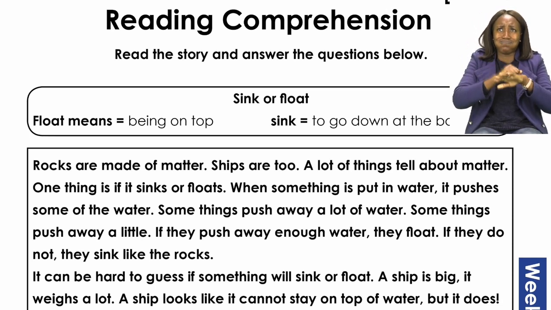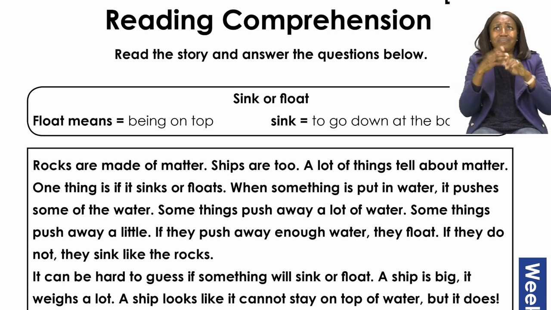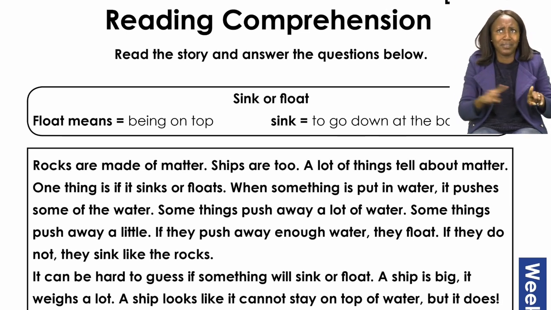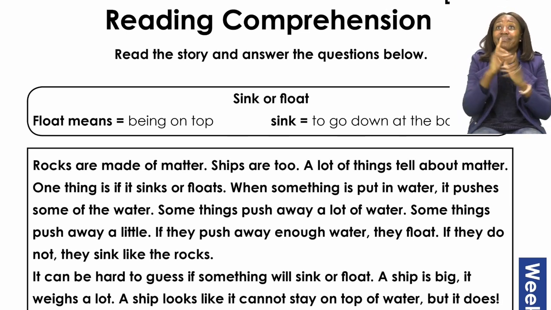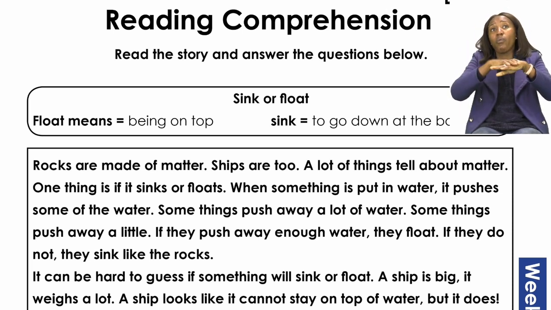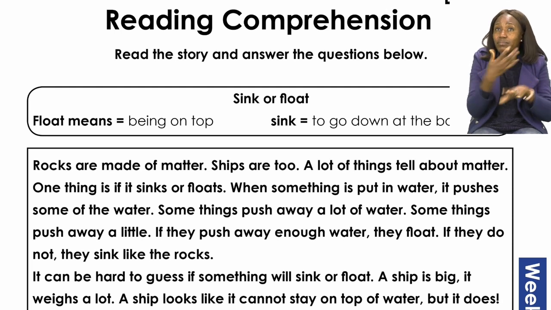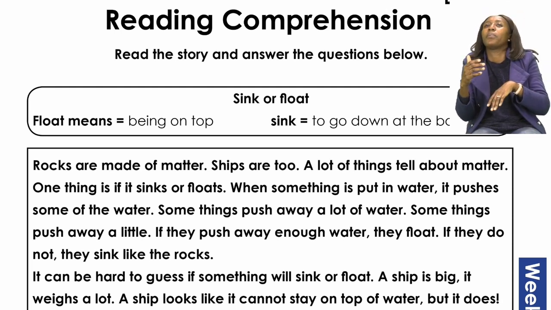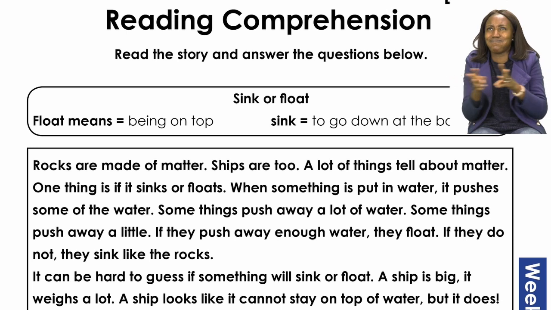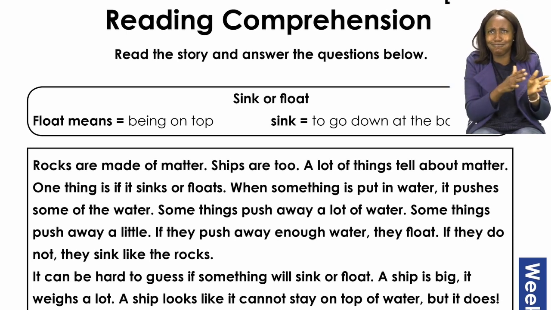Rocks are made of matter. Ships are too. A lot of things tell about matter. One thing is if it sinks or floats. When something is put in water, it pushes some of the water.